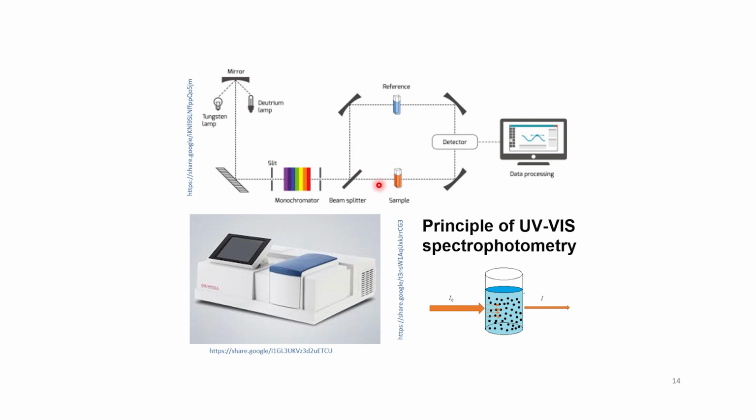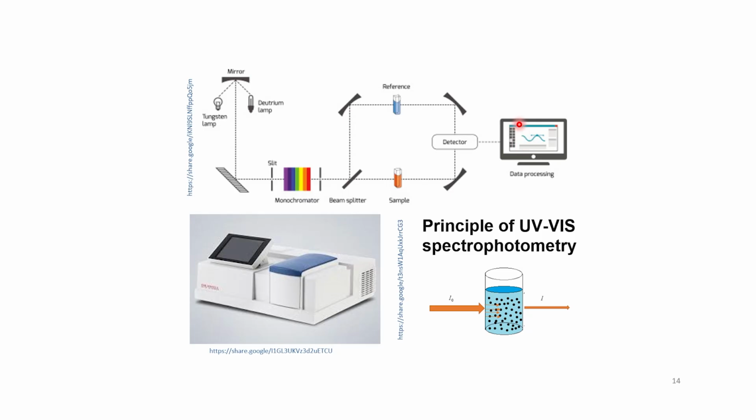Whatever wavelength your sample is capable of absorbing, that particular wavelength of light will pass through the monochromator, the beam splitter and reference, and through the sample, and go to the detector, and then on the screen, data processing. This is how the peaks are formed. Whatever wavelength of light this particle is going to absorb, the particular peaks will be formed at that particular wavelength.